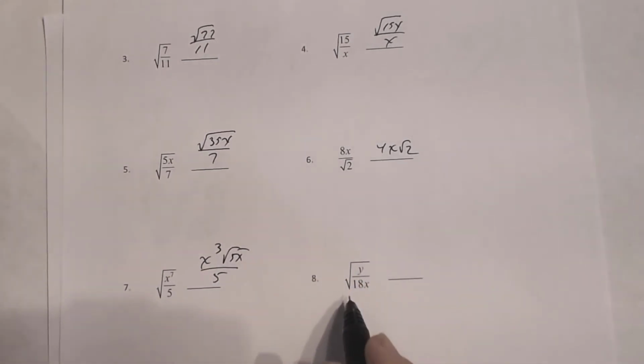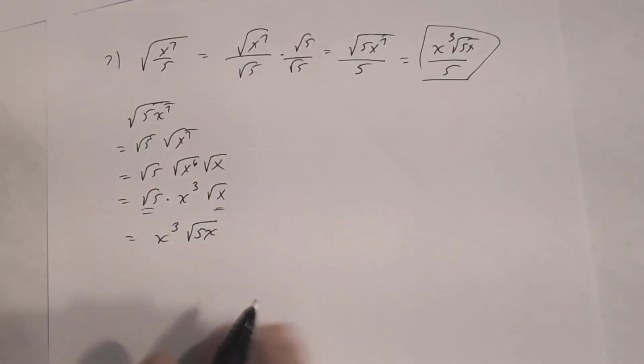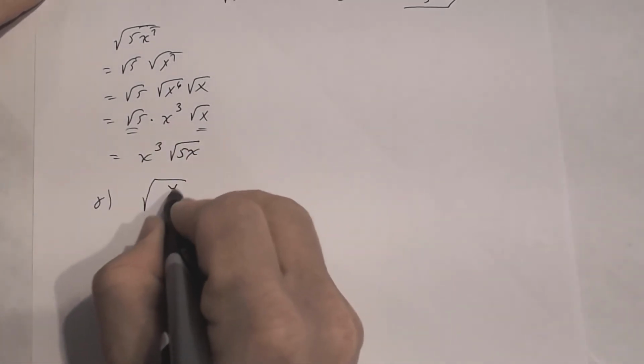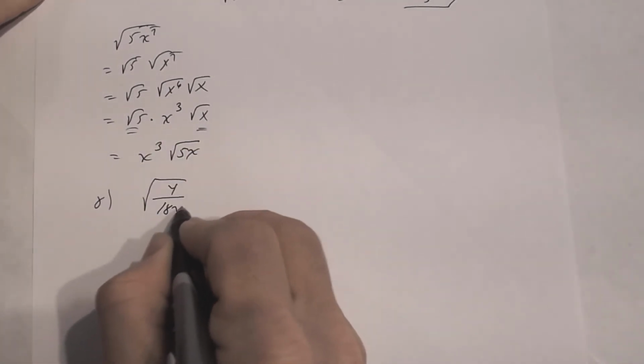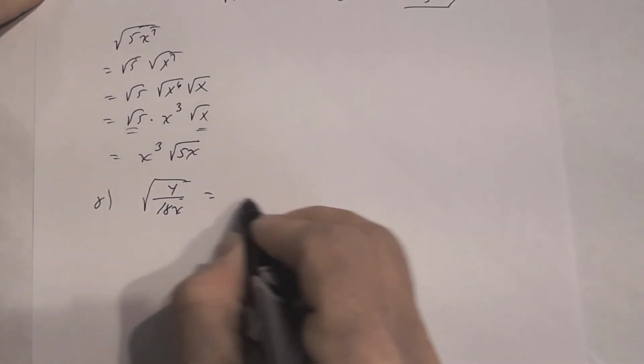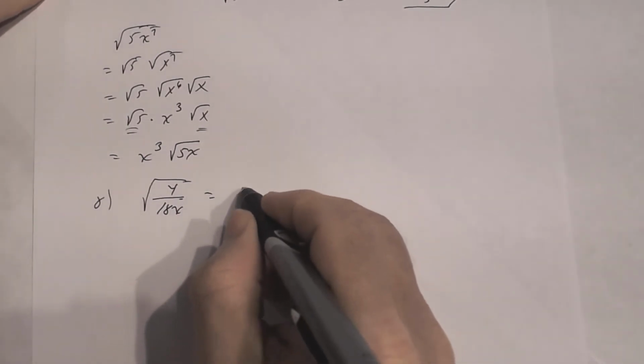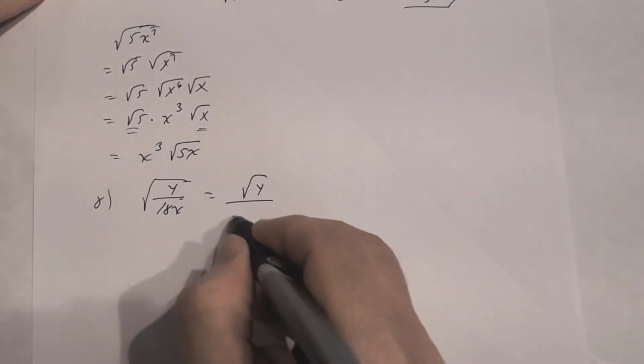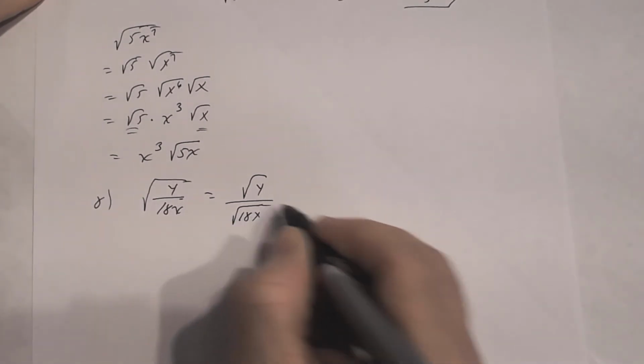All right, and then number 8, we have the square root of y divided by 18x. According to the quotient rule, I can write this as the square root of y divided by the square root of 18x.